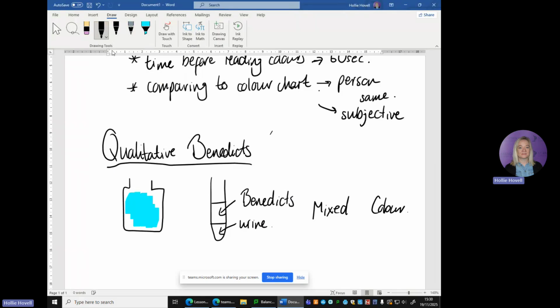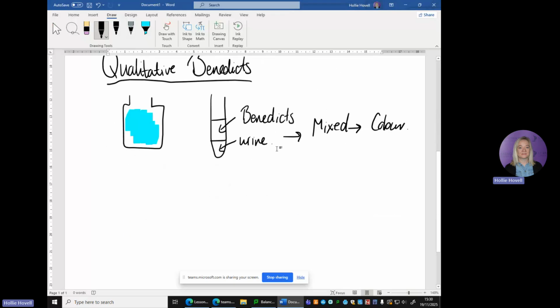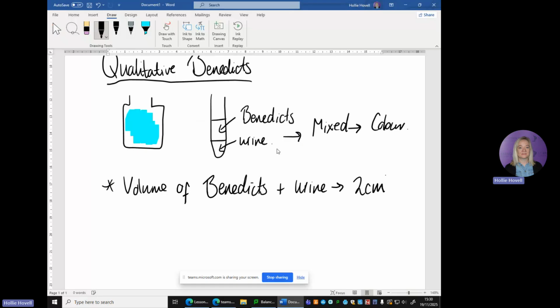Things that we needed to control in that experiment is the volume of Benedicts and urine. I think I'm right in saying that we used 2 centimetre cubed of each. You might want to double check on your method.